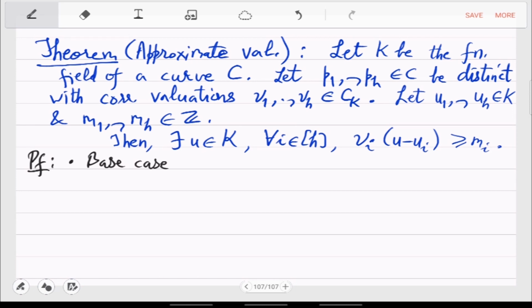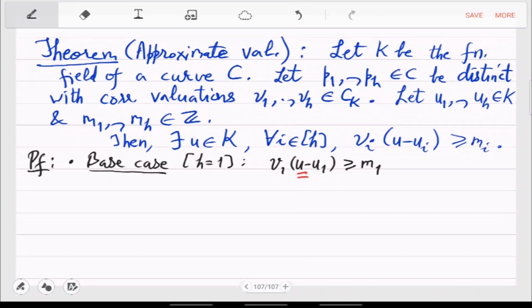What's the base case? h equal to 1. So you are given a point, there is only v1, so you want v1 of u minus u1 to be at least m1. How do you do that? You want to solve for u.